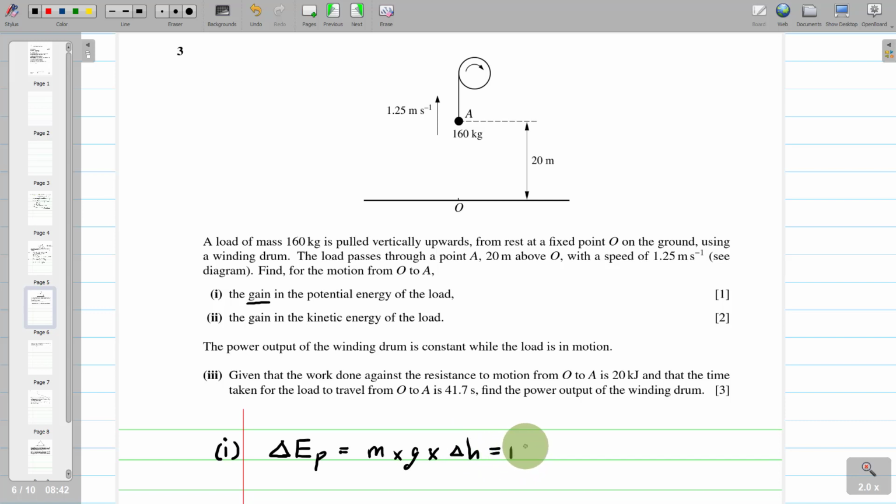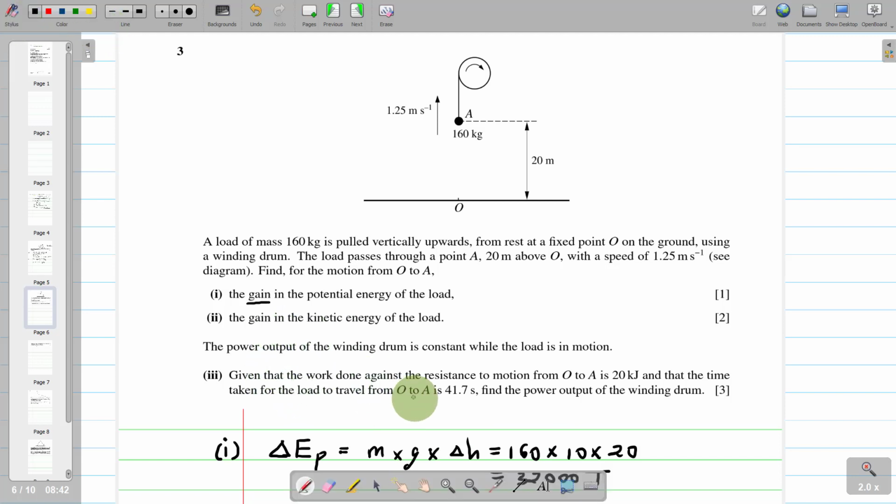The mass is 160, g is taken to be 10, and height is 20 meters. This is what gives us 32,000 joules. That is a gain in gravitational potential energy.